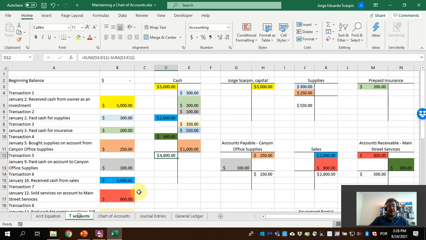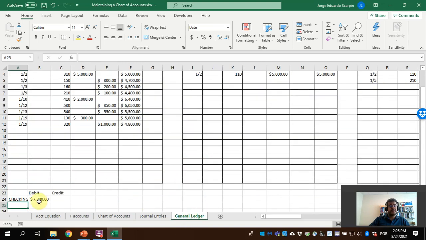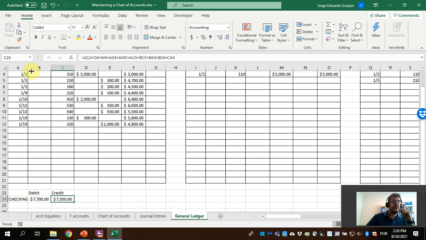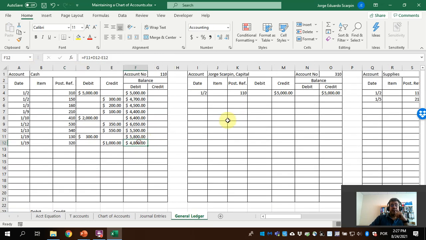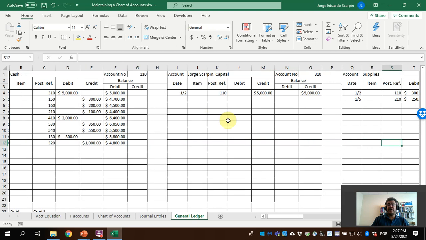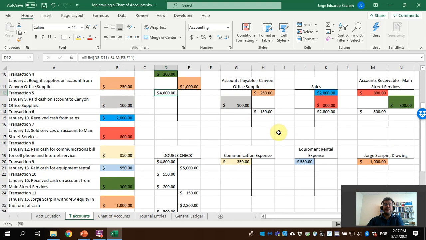But on T accounts here, if we check with the huge T account, oh, maybe we are facing some problems. And then the credit, oh, we are facing a debit problem here. It is not matching. So 48, 5,000, good. Supplies 550.